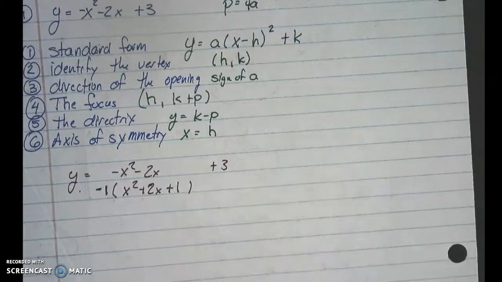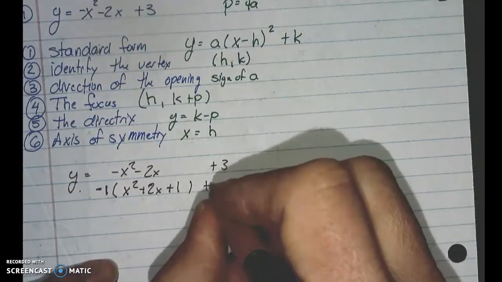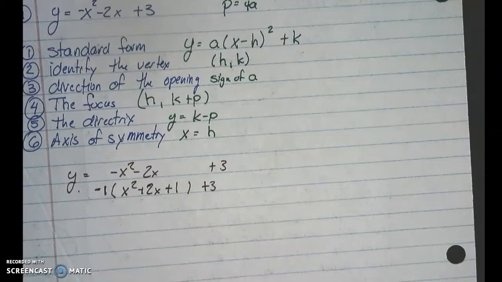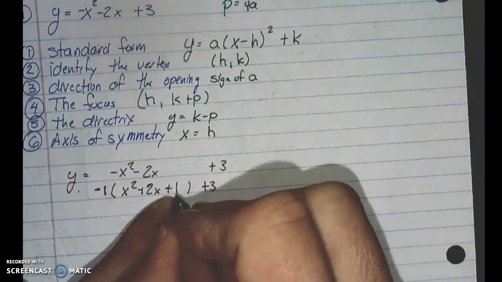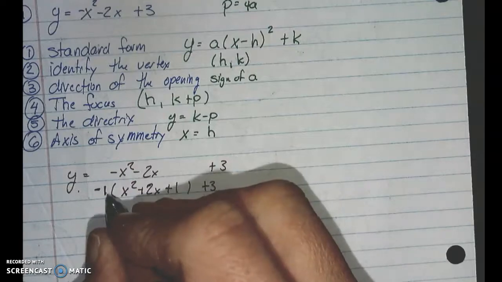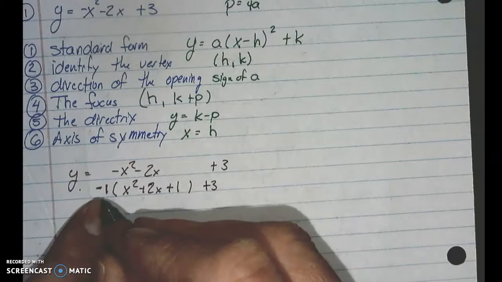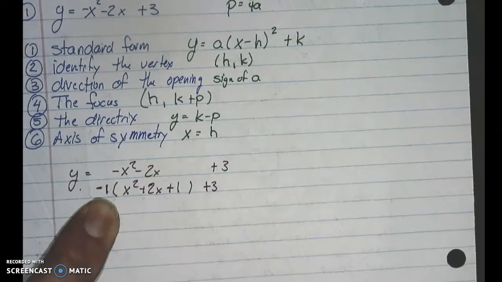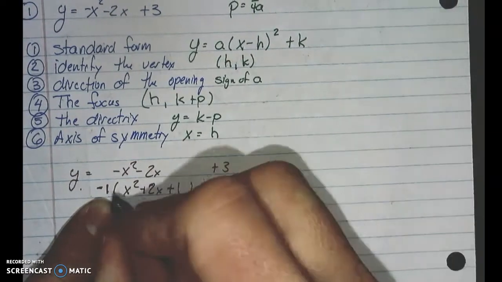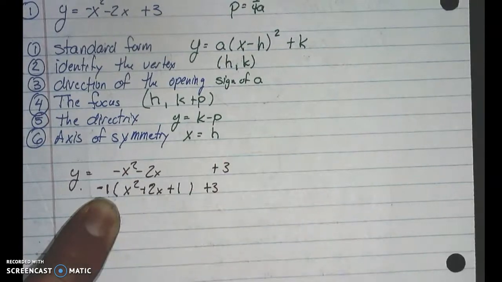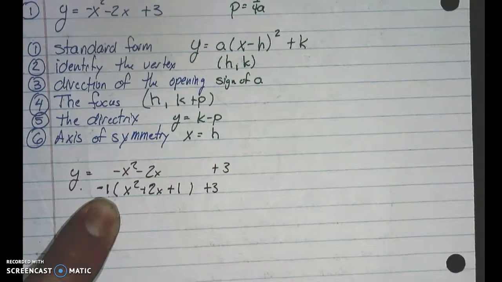So now I need to keep my equation balanced, correct? All right, so this is a positive 1, but what did we do here? We made a negative 1. So you're going to go 1 times negative 1, which is negative 1, okay? So we added negative 1, right?